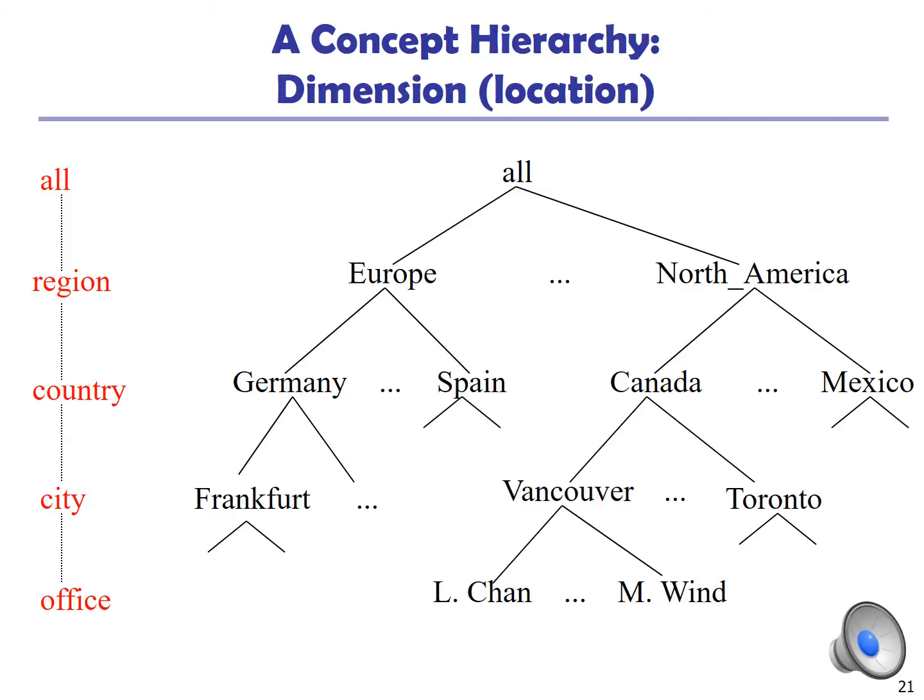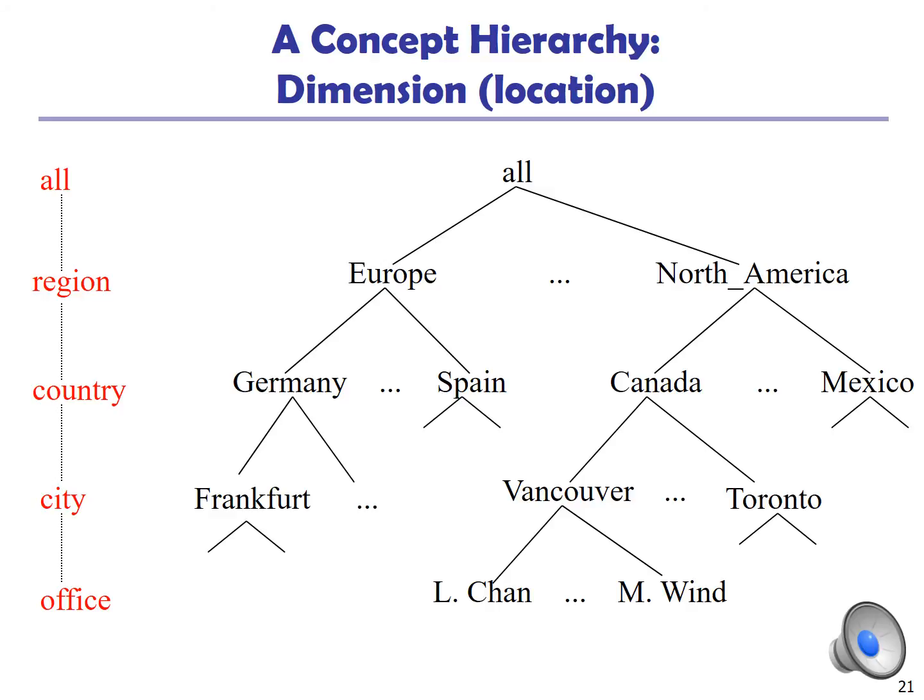However, the city values can be mapped to a country to which these cities belong. For example, Frankfurt is in Germany, Vancouver and Toronto can be mapped to the country Canada, right? And you can further find mappings to tell which region the country lies in, or specifically which continent it is in. It could be Europe or North America, all right?